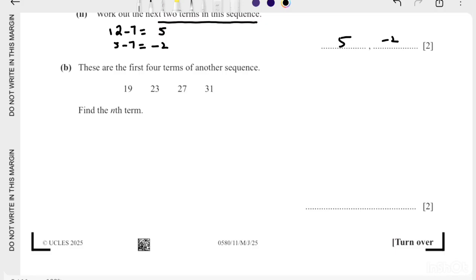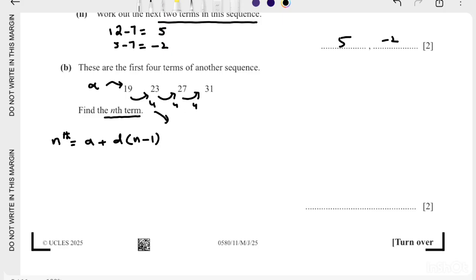These are the first four terms of another sequence. Find the nth term or general formula, that is a plus d bracket open n minus 1, where a is always the first value of the sequence and d is the common difference, that is 4. We find the common difference from the first two consecutive values.